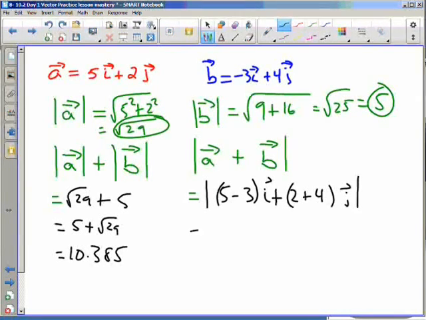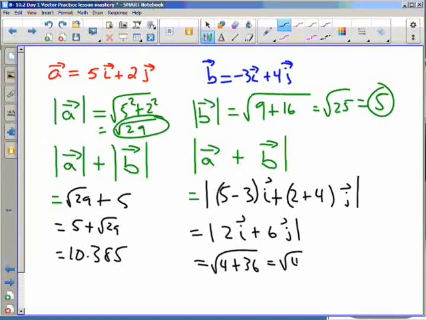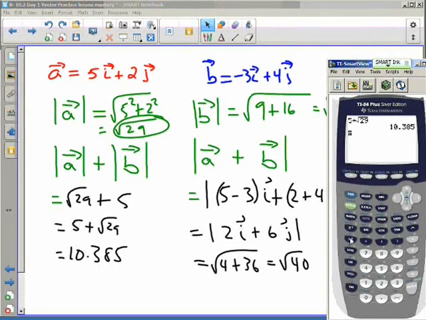And when we take that magnitude, we get the magnitude of 2i plus 6j, which is the square root of 2 squared, 4, plus 36, which is the square root of 40. We check that out, what that is. You see that they're not equal.